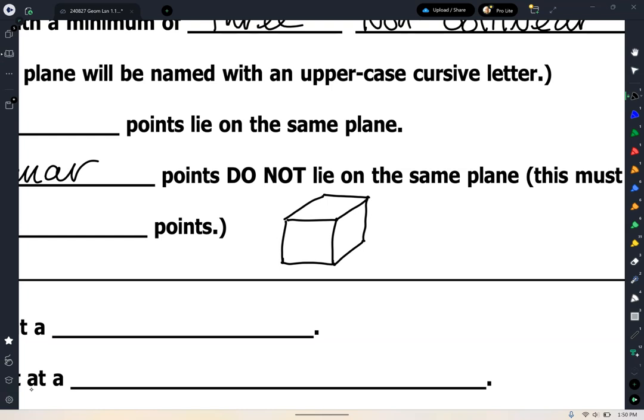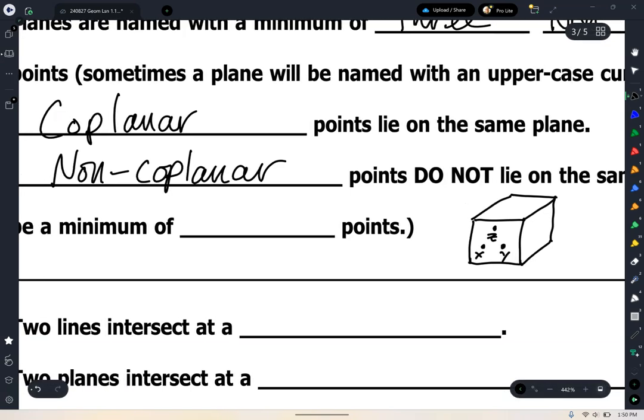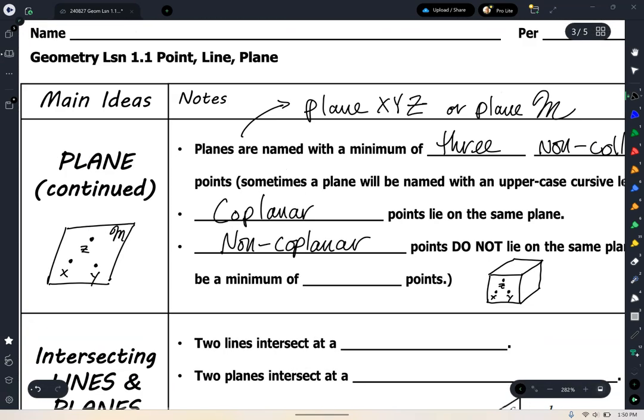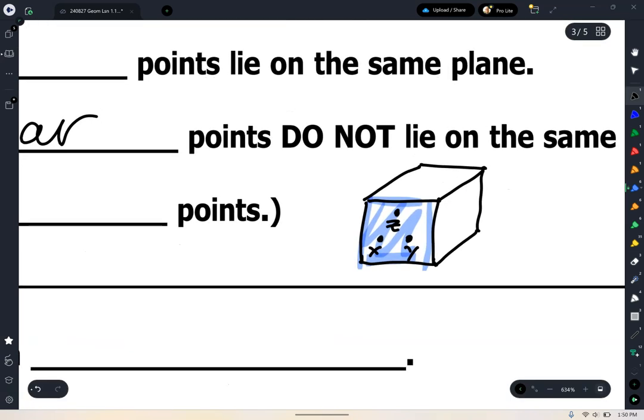All right. Put a little point X, put a little point Z, put a little point Y. That is our plane X, Z, Y from over here. You see it? Okay. Watch this.